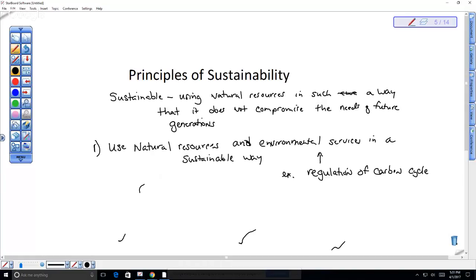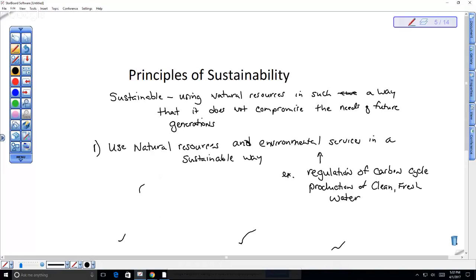Another good example of this is fresh water, right? So when we look at the production of clean water, some people rely upon waters that are in an aquifer. This is groundwater that could be very, very ancient, stored in huge underground reservoirs.